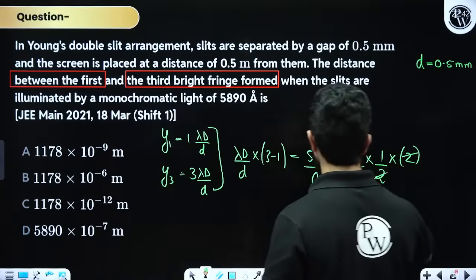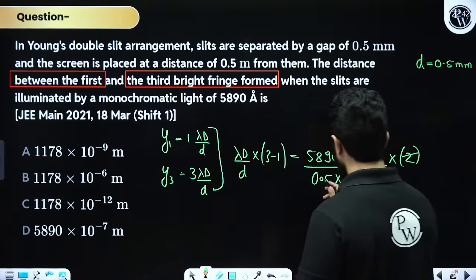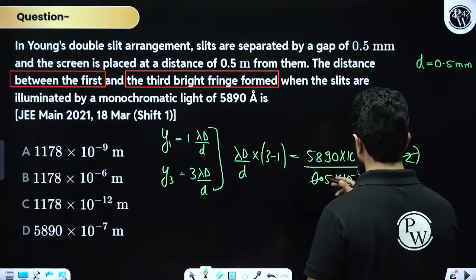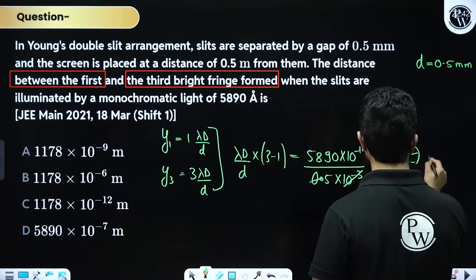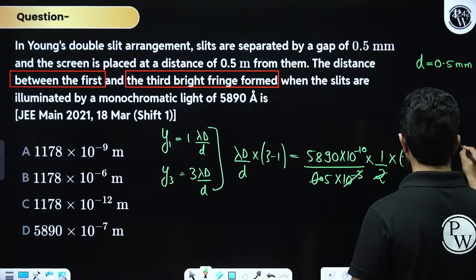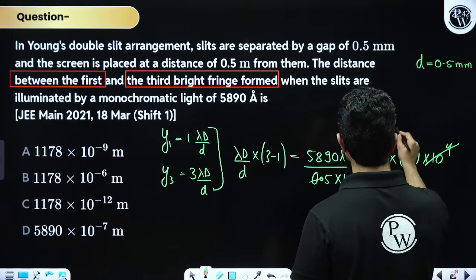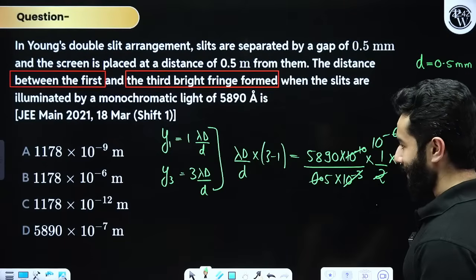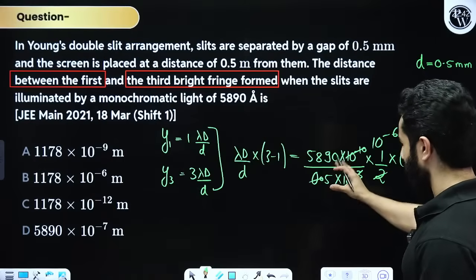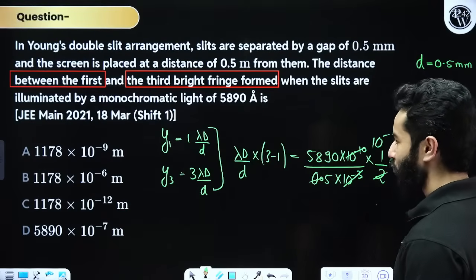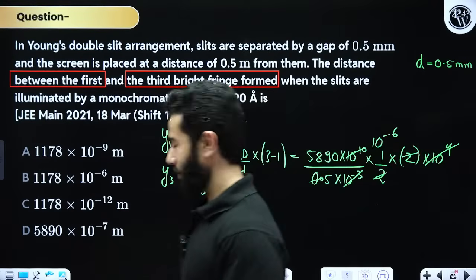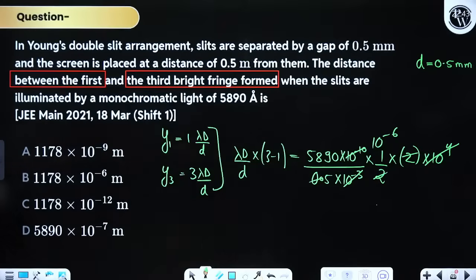So 2 will get cancelled out. This will be something times 10 to the power minus 6. 10 to the power minus 6 is confirmed. So I think option B will be correct. What do you say? I'll check the answer using the calculator.